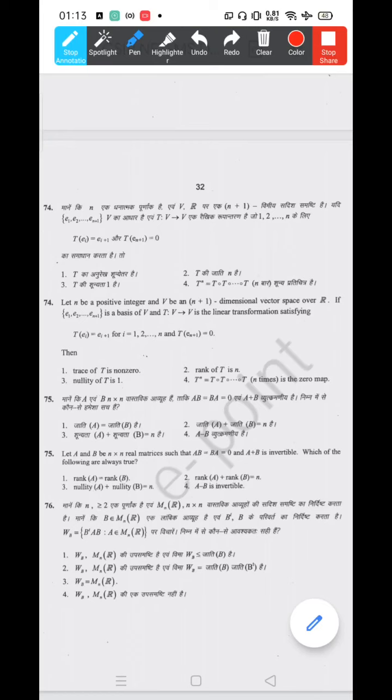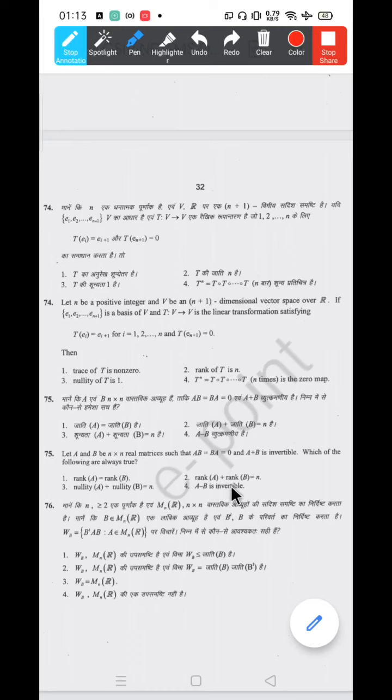So we need to actually find some matrix for that. If A plus B is invertible, then what about A minus B? Yeah, that will also be invertible because I can write A minus B in terms of A plus B. So option 4 is correct.